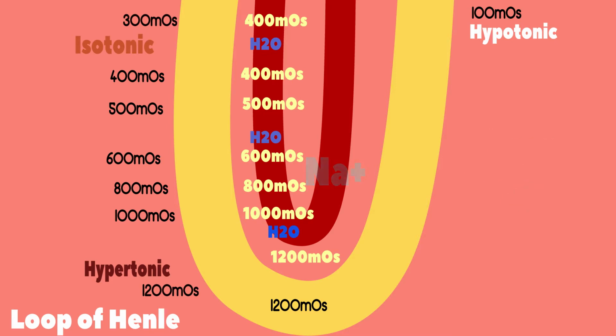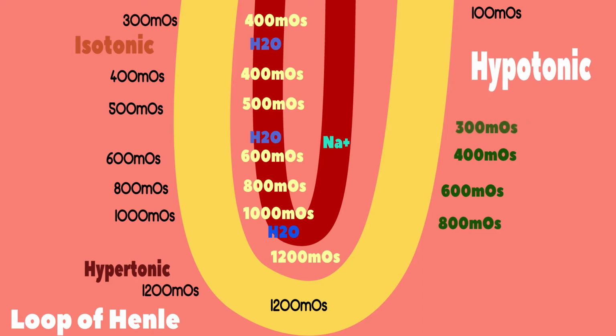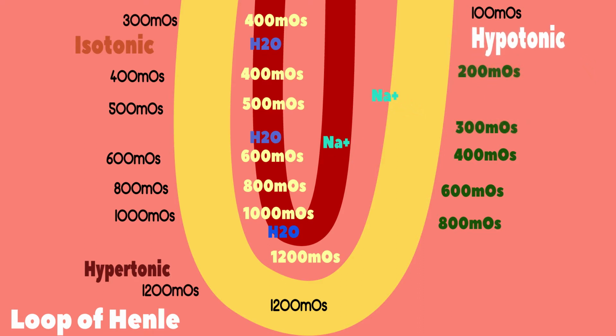This is going to take away the concentration of that ultrafiltrate, such that by the time the ultrafiltrate reaches the top of the loop of Henle, the ultrafiltrate is hypotonic, or significantly less concentrated than blood and significantly less concentrated than at any other point in the nephron prior to this point. It is approximately 100 milliosmoles.